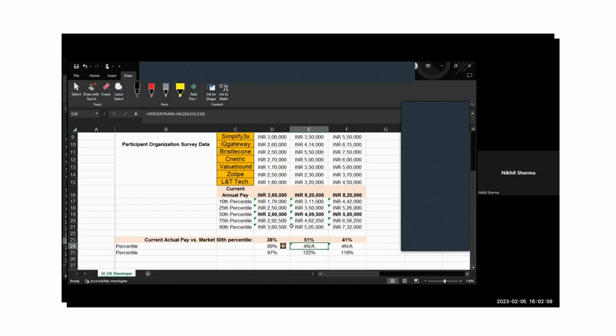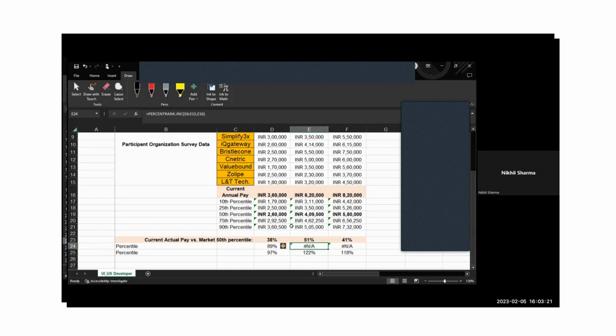It's a simple maths formula. Since this is more than 100%, that's why it's throwing #NA? Yes, I believe so. Simple maths formula: what is the difference? We are saying how much more are we paying?